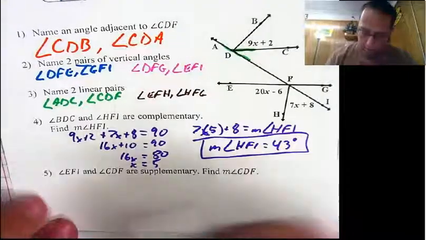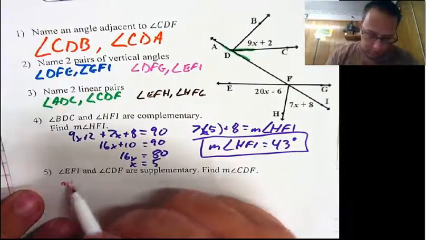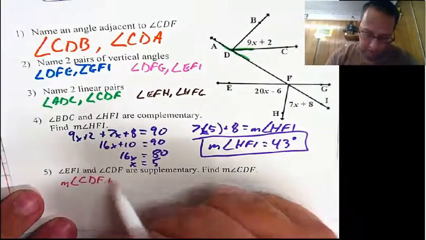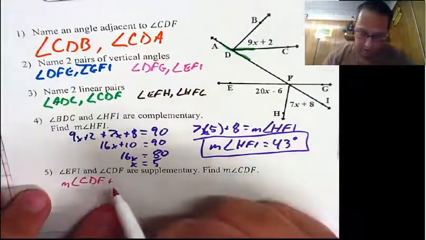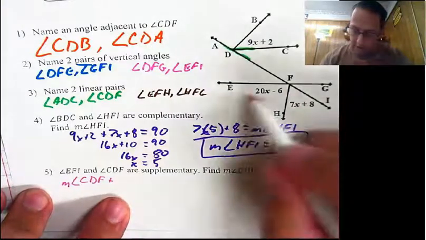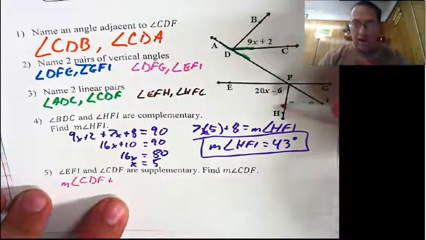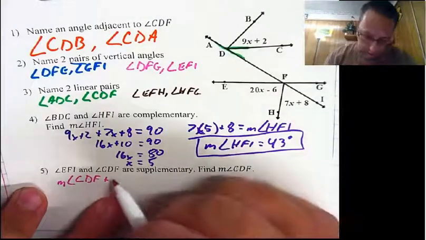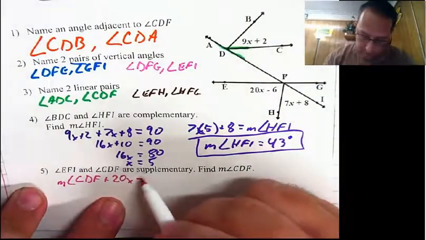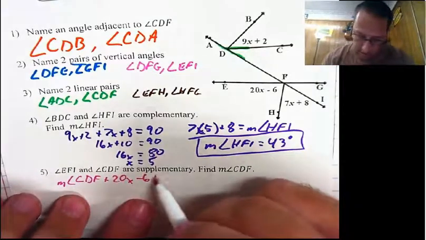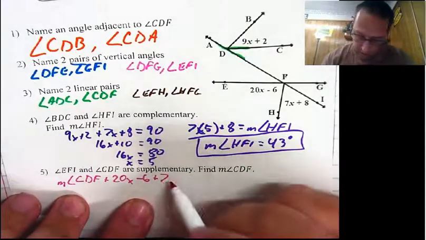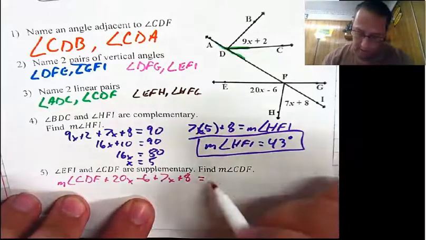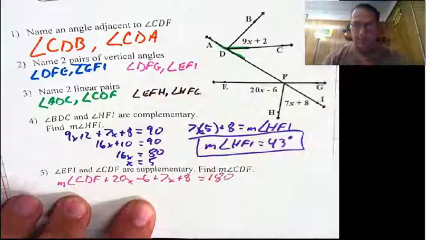So this is what I'm going to do here. The measure of angle CDF plus EFI. So EFI is all of this, and I can add that together with the angle addition postulate. So this is 20x minus 6 plus 7x plus 8 equals 180.